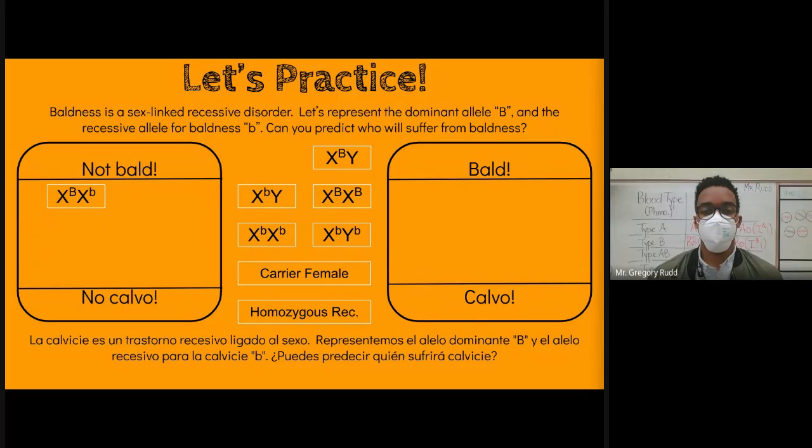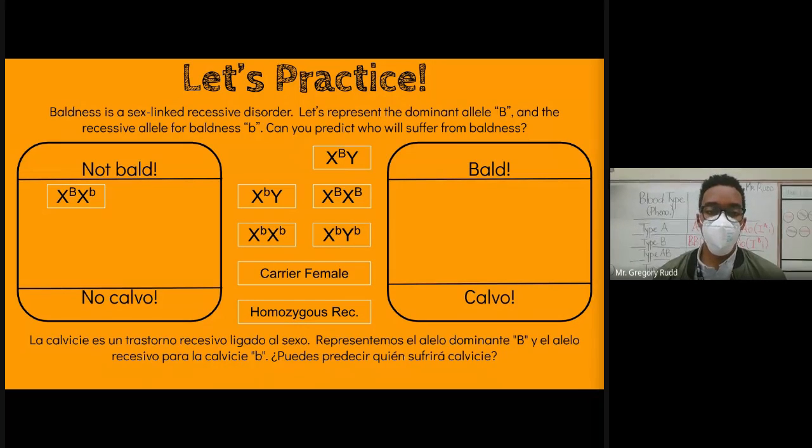What do we consider that person? They're not bald. Thank you, Abigail sent it into the chat. That's a carrier female. So we already know where we can place the carrier female. Okay, this next one, X capital B, Y. What is that person? Yeah, that person's not bald either.